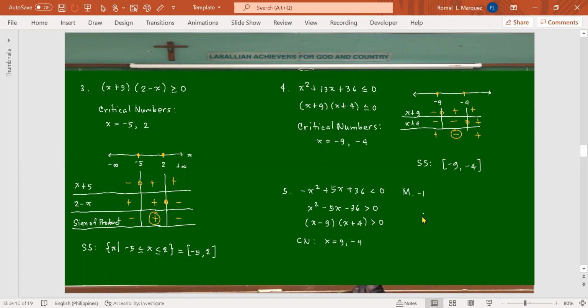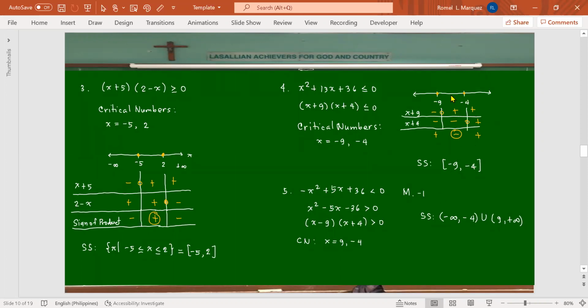Can you do the solution set mentally? Both coefficients are positive, greater means away. Negative infinity to negative 4, because negative 4 is smaller, then 9 to positive infinity. Do we have to include negative 4 and 9? No.